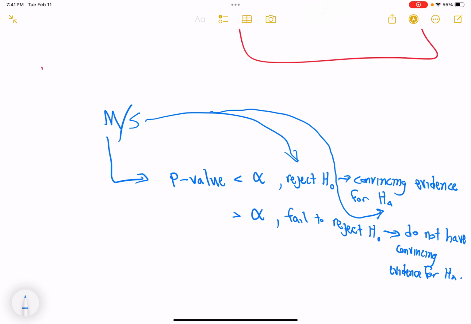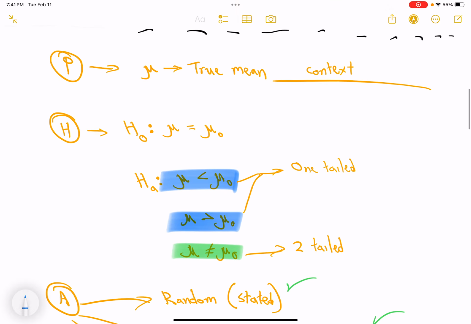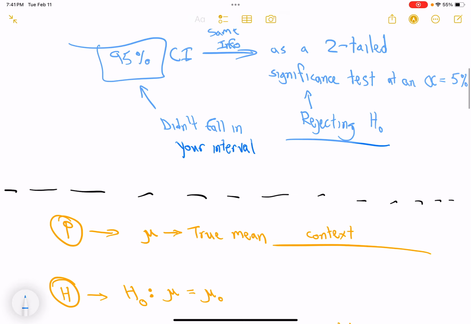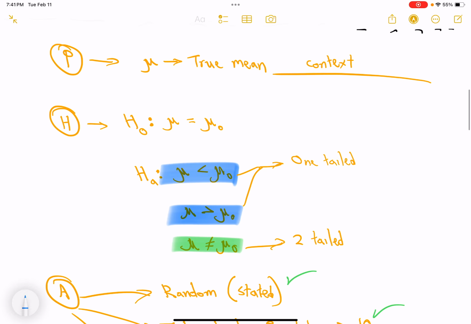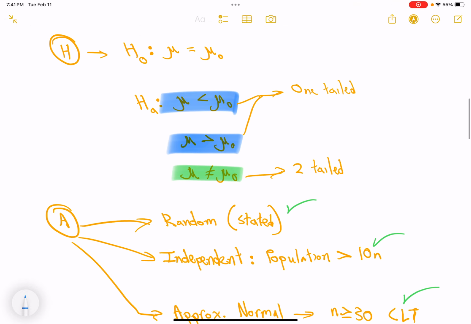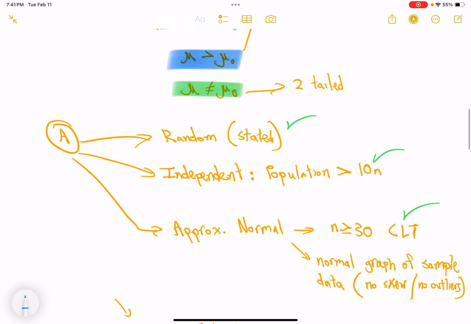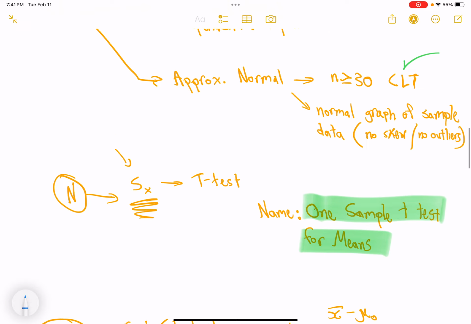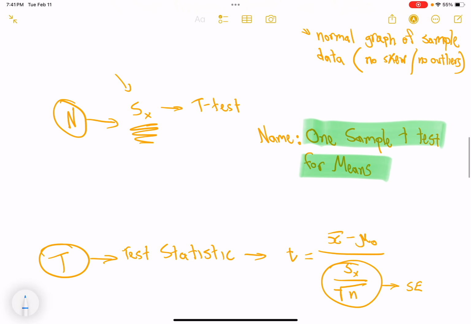All right, you should unpause the video. Hopefully that was long enough. For me, it was but a few seconds, but for you, it must have been an eternity. But hopefully you went through and you ran through your phantom steps that we just went through, and you gave the context, right, for the parameter. You went in and you rolled and gave me a null and an alternate hypothesis. You then stated that your 3 assumptions must be true. You rolled through and named your t-test.